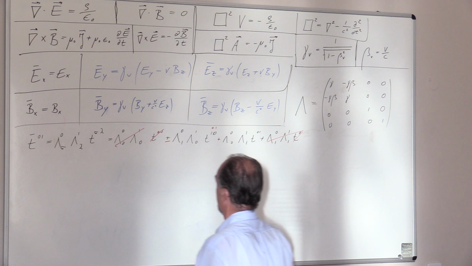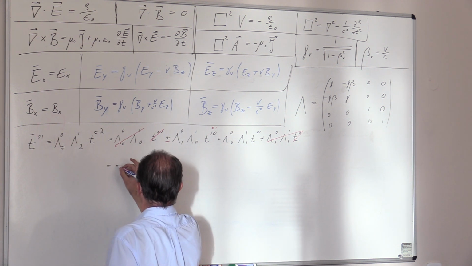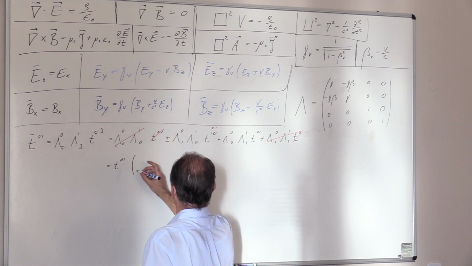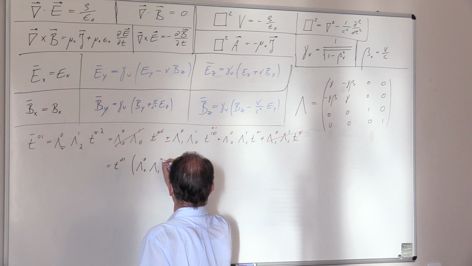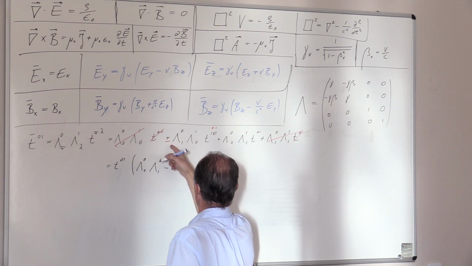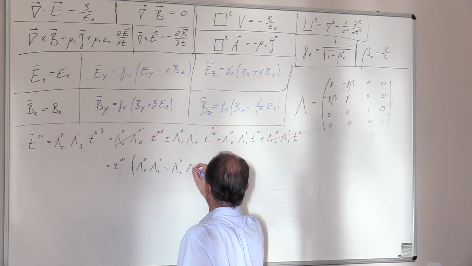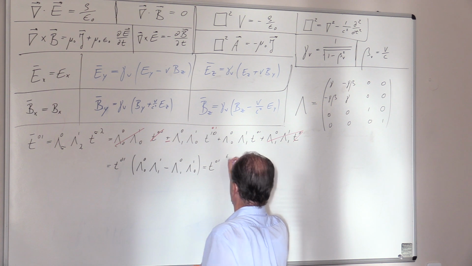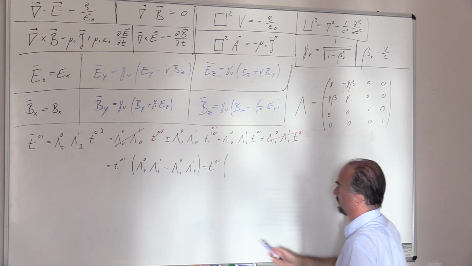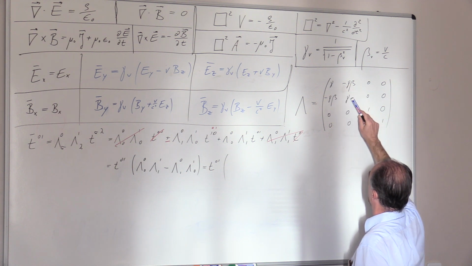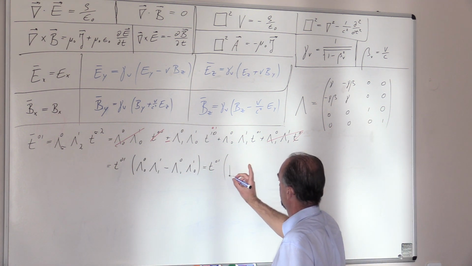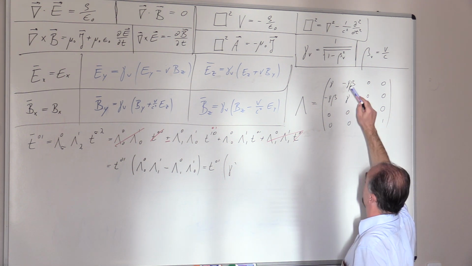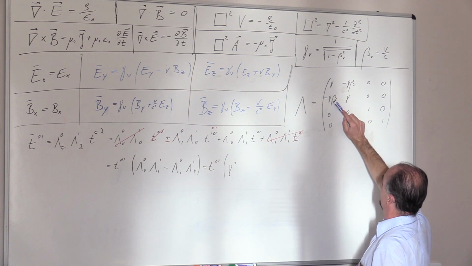Alright, so what we have is T0, 1. We have lambda 0, 0 lambda 1, 1, and then with the negative, lambda 0, 1, lambda 1, 0, equals T0, 1. What is that? 0, 0 and 1, 1, that's gamma squared, minus 0, 1 is here, 1, 0 is there.